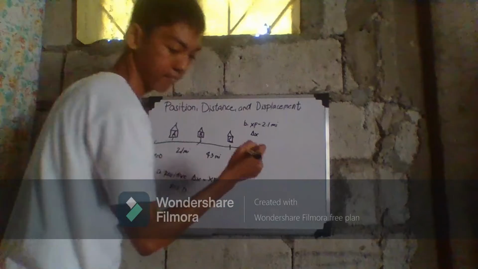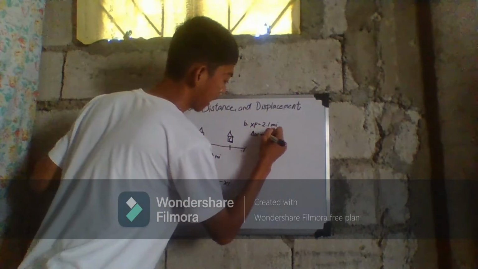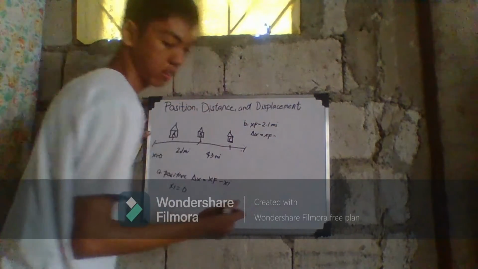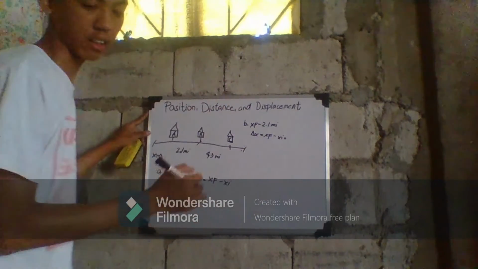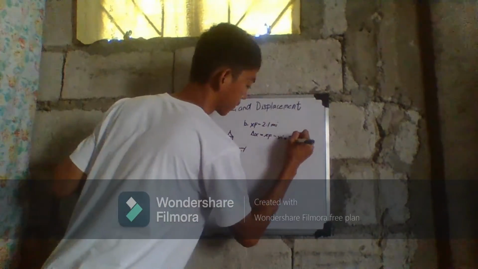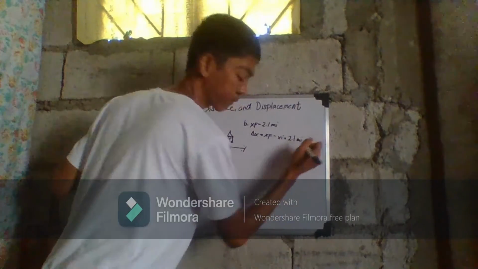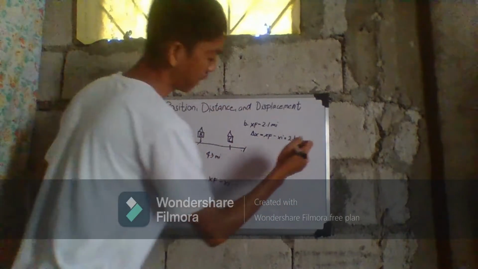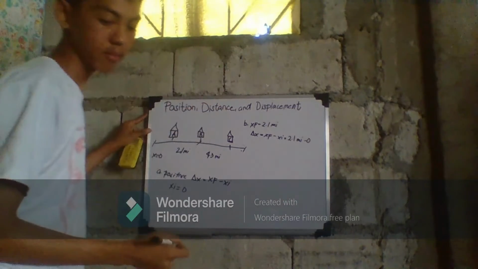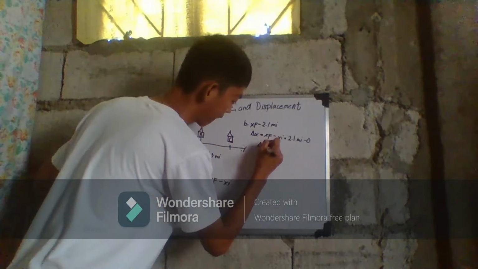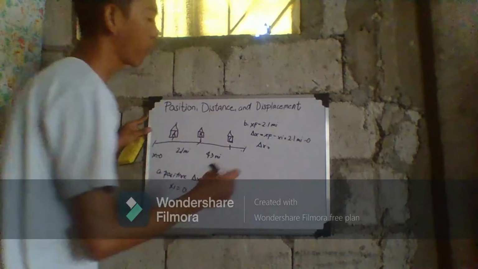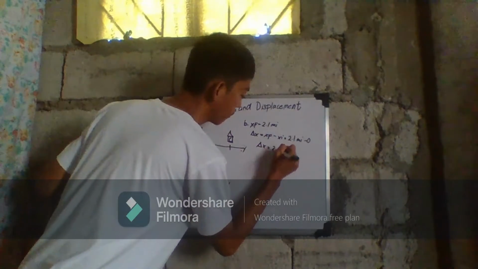Change of x equals x final minus x initial, equals 2.1 miles minus 0. So, change of x is 2.1 miles.